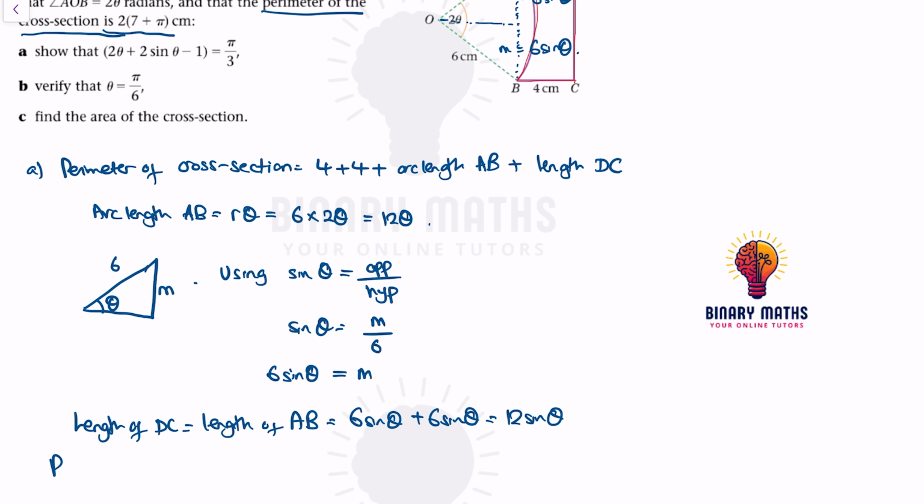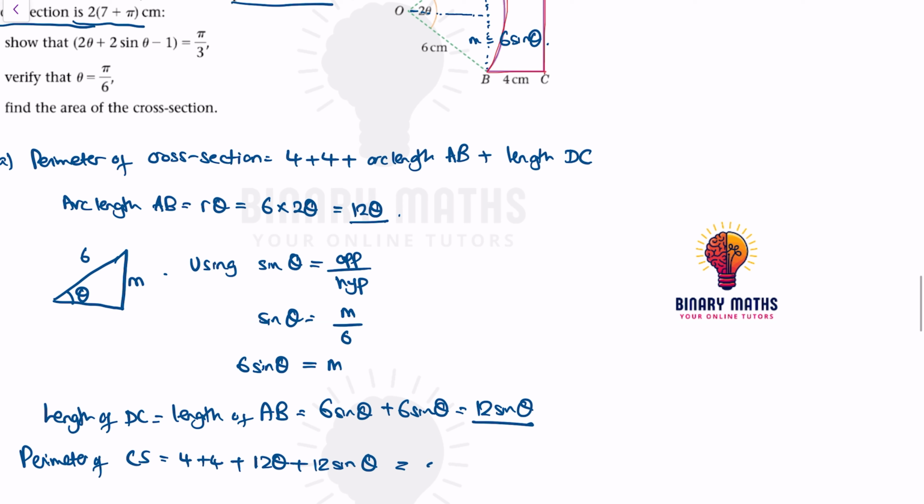So the perimeter of the cross section is equal to 4 plus 4 plus 12 theta plus 12 sine theta, which must be equal to what they've given us, which is 2 times 7 plus pi. Which means 8 plus 12 theta plus 12 sine theta must be equal to 2 lots of 7 plus pi.